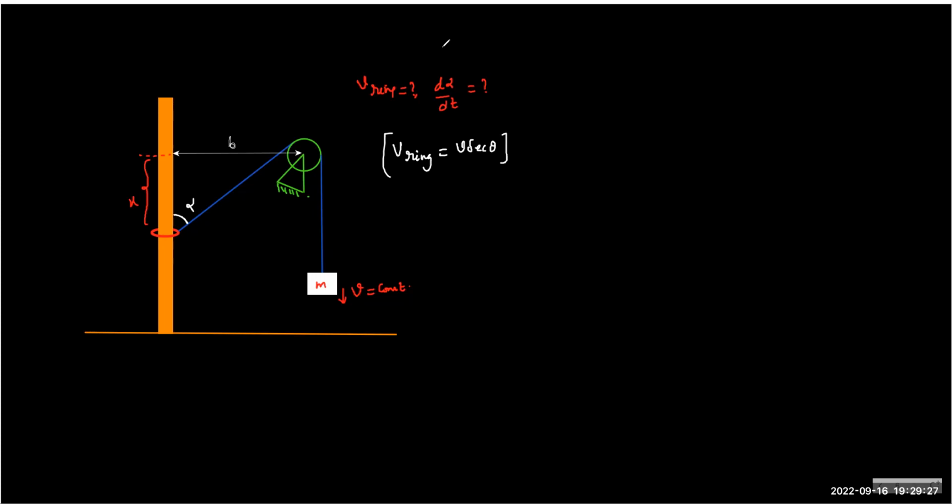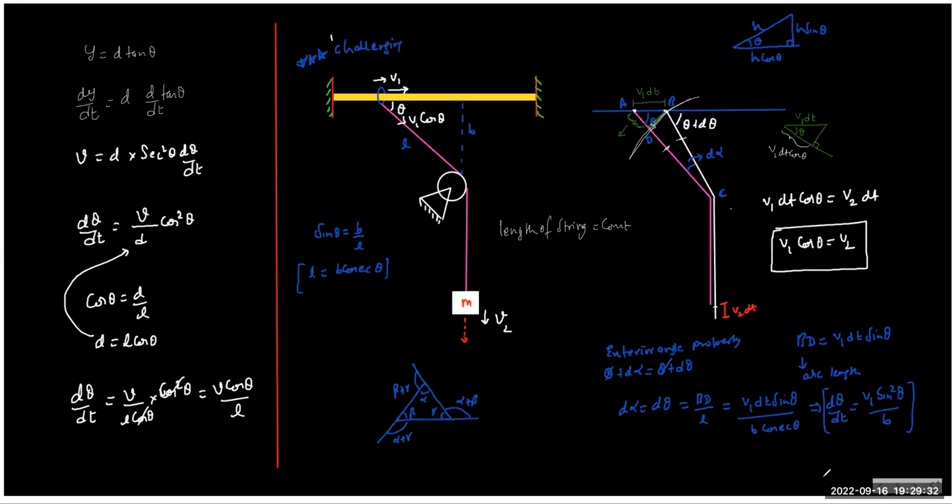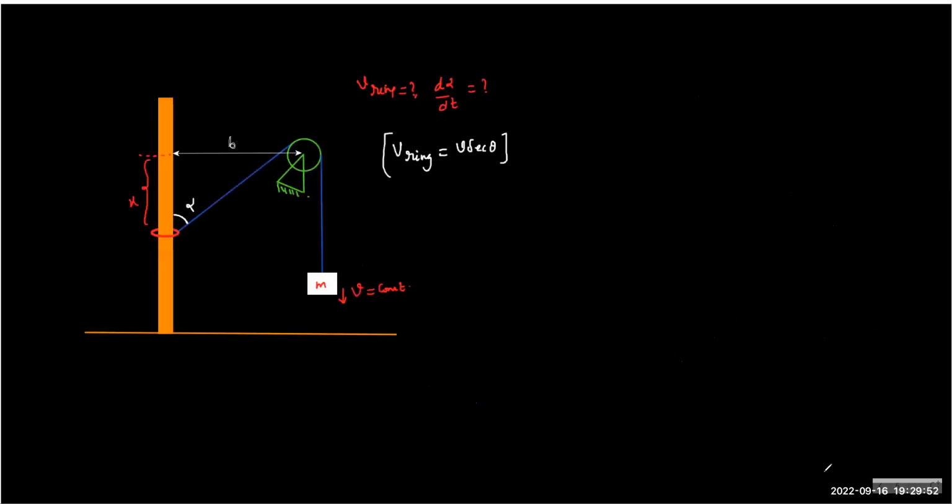So can you show the previous slide for 2 seconds? Okay, sir. The next part is finding the d theta by dt over d alpha by dt. So that is again logical.